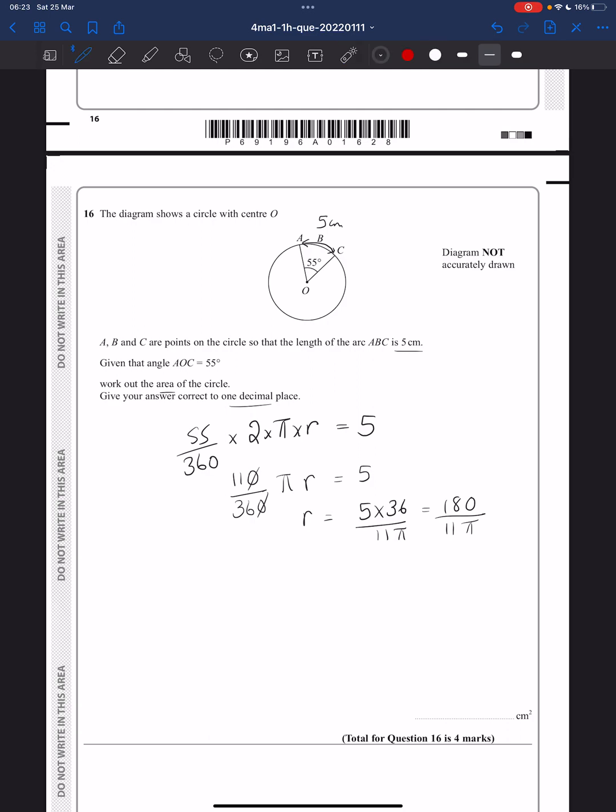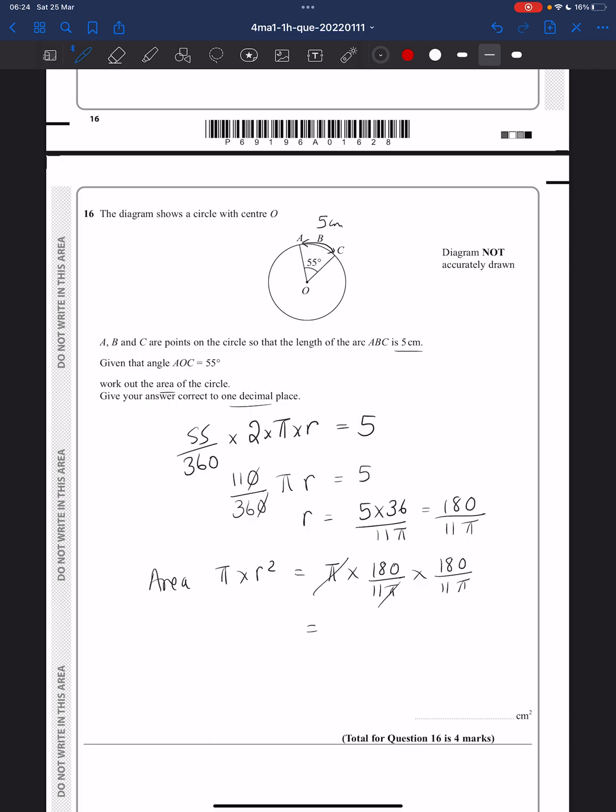Okay, and then the area of the circle is pi times r squared. So it's pi times 180 over 11 pi times 180 over 11 pi. They cancel, and cancel any top or any bottom.